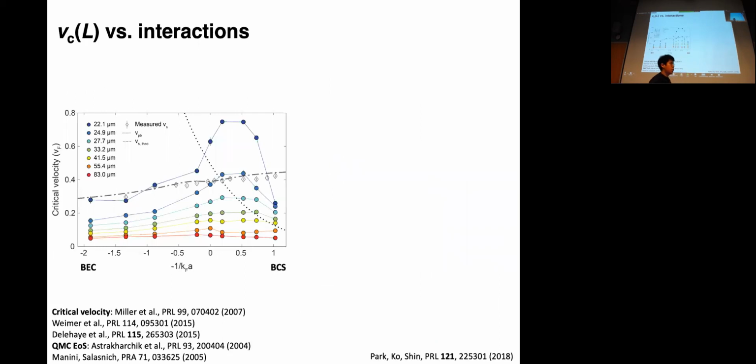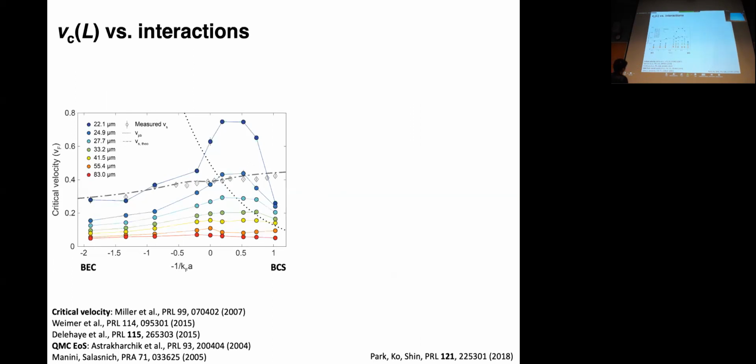So here I show you our data. The y-axis, these colored data points, are the measured critical velocities for vortex shedding for different optical travel distance, going from very short to long. But still, compared to the size of the superfluid, it's a very small travel distance.